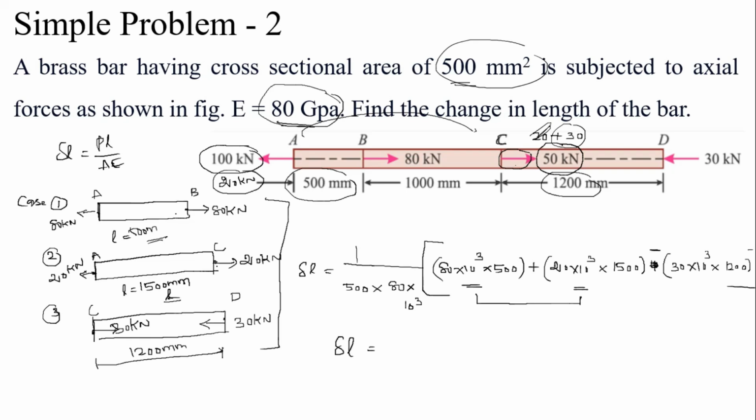So first section plus second section minus third section, because in the third section the force is compressive. Simplify all those things and you will get the value 0.85 mm. So this is the value.